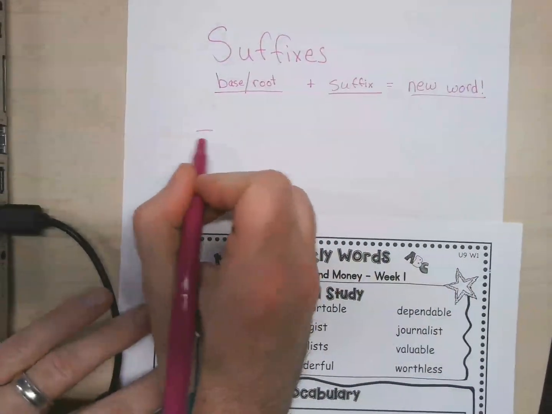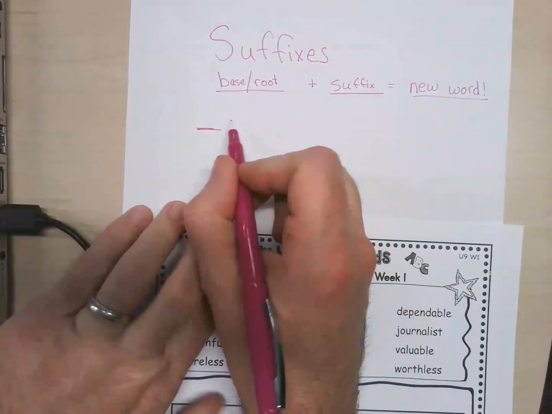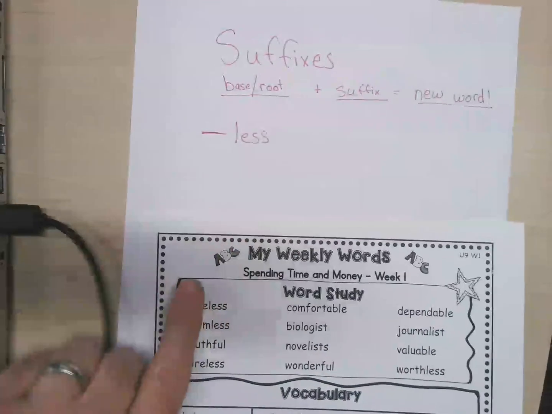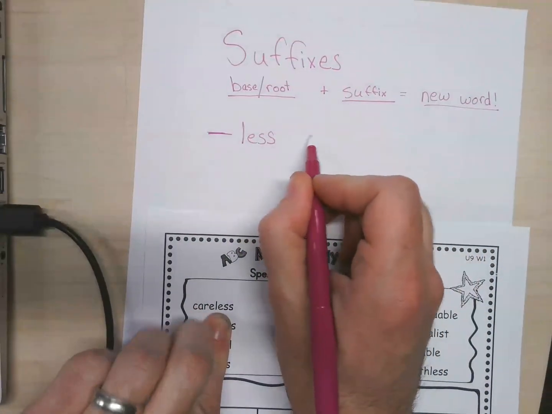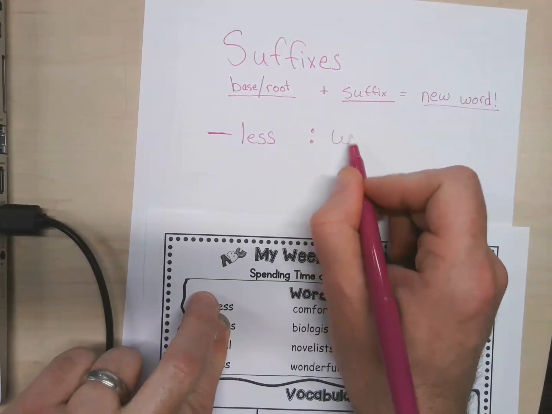Our first one, I put that line to show there are letters before, is less at the end of the word. There's our first example, careless. Less added to the end of a base word means without.